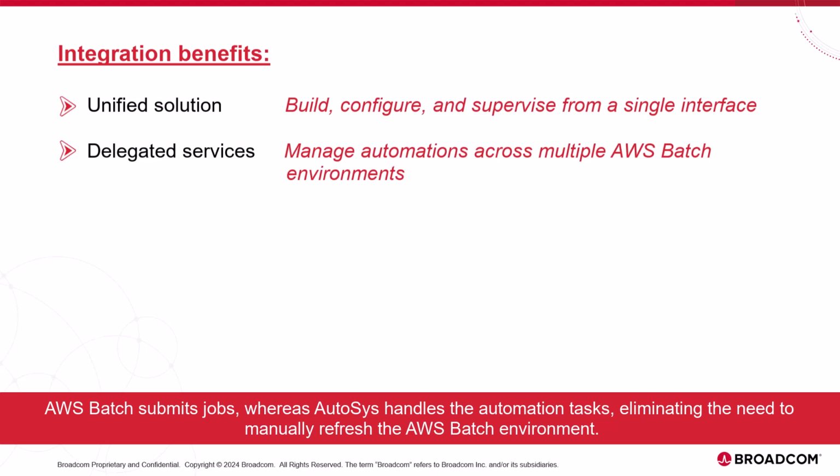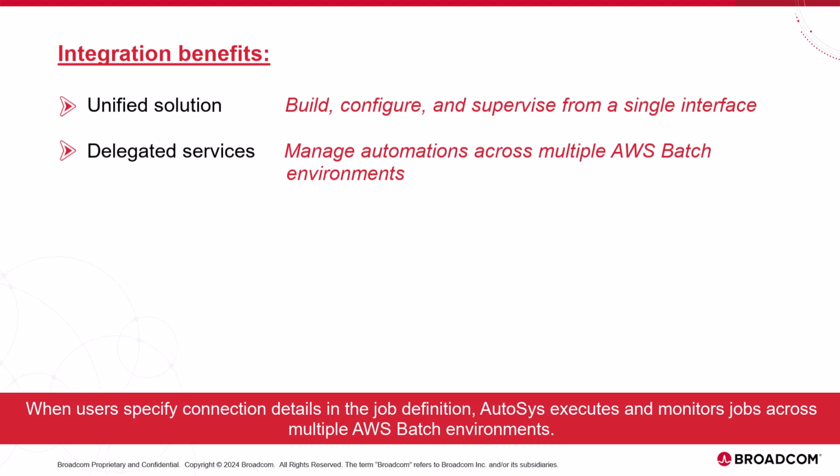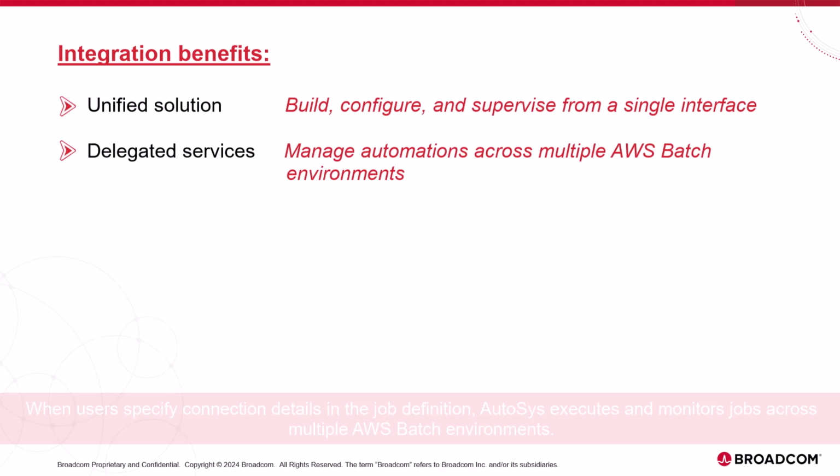This means that we don't have to log into the AWS Batch environment and keep on refreshing it by ourselves. We just need to specify connection details, such as endpoints and authentication settings in the job definition, and let AutoSys manage all the execution and monitoring aspects in any number of AWS Batch environments.